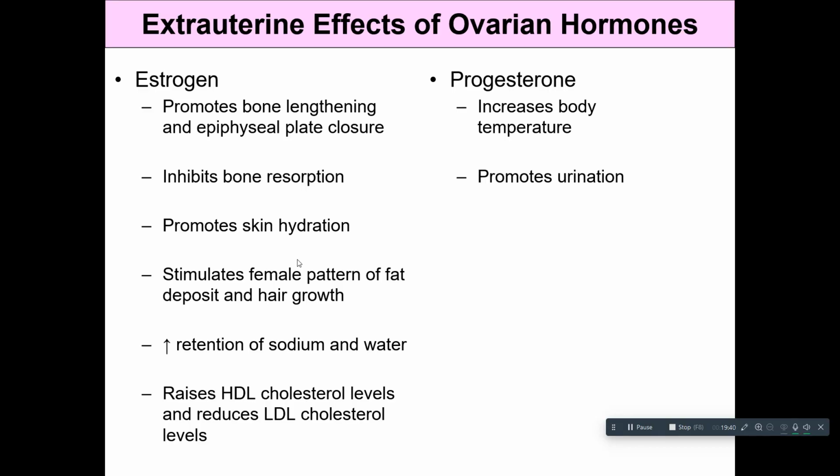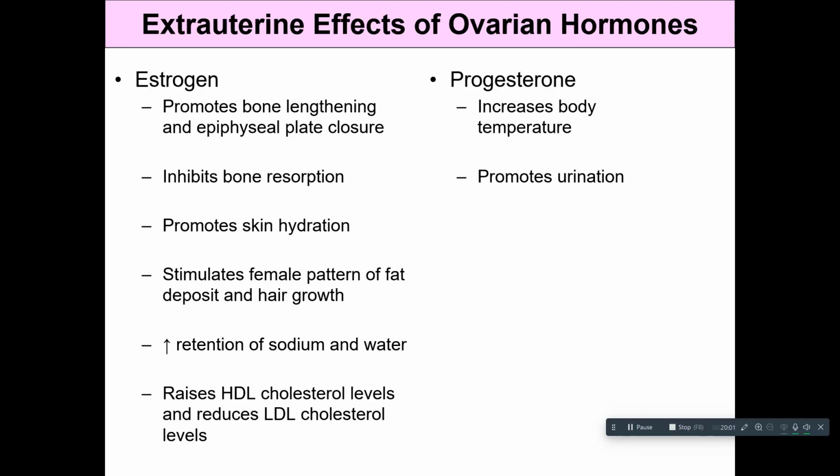All right, couple more things to do. Some extra uterine effects of ovarian hormones. So estrogen and progesterone do a bunch of things. In the pubescent female, estrogen promotes bone lengthening, so bone growth, as well as epiphyseal plate closure. Remember, the epiphyseal plate was the growth plate where long bones are growing.